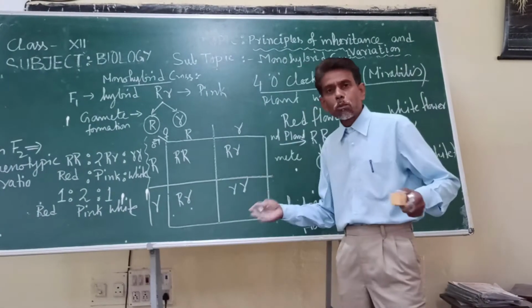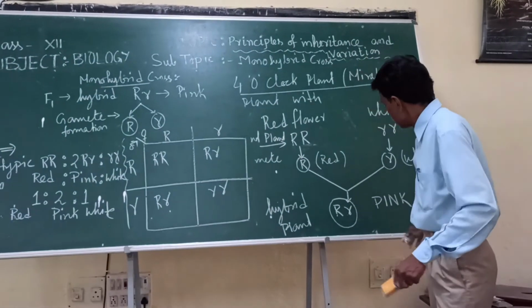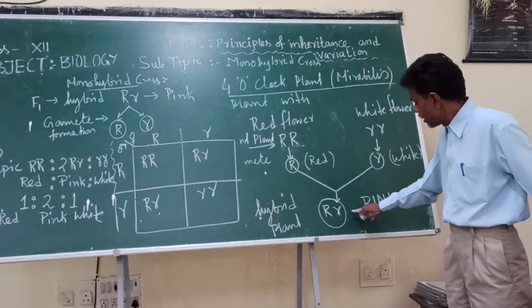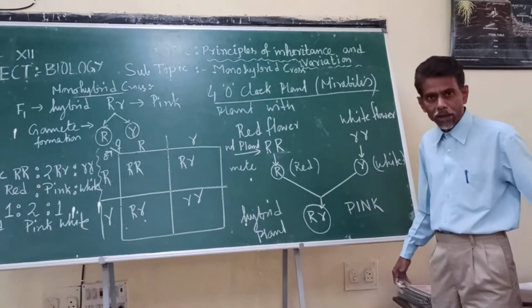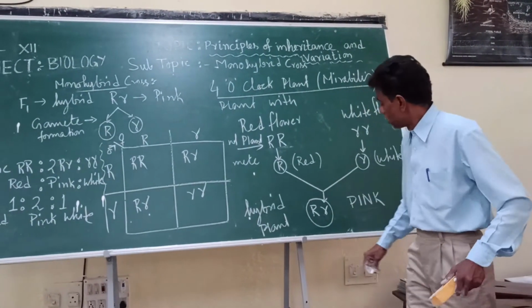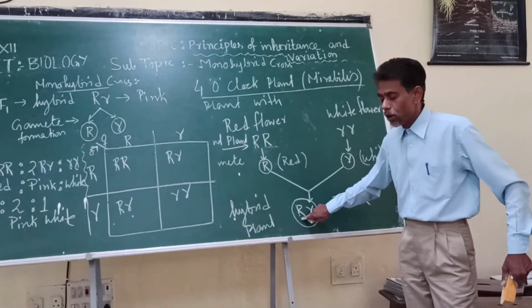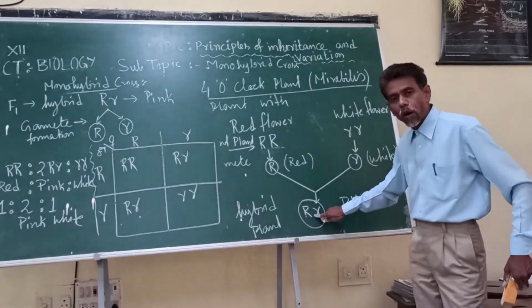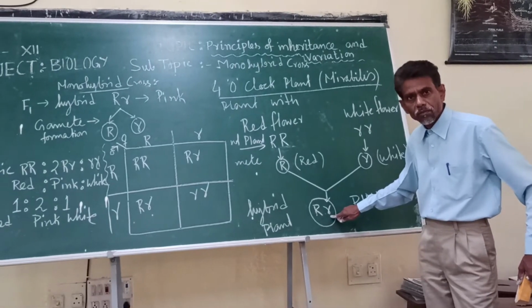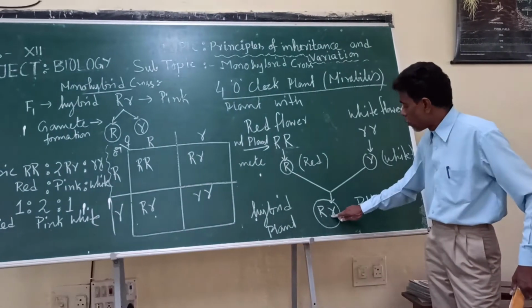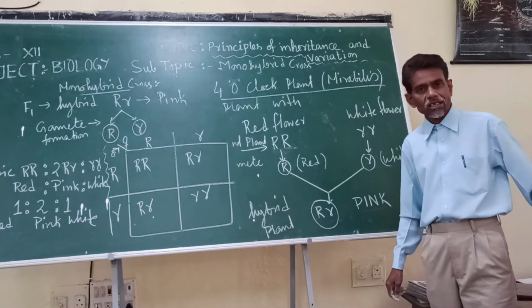That means where did this pink flower come from, or why are all the F1 hybrid plants pink? It is because here the red is not completely able to dominate the white allele, neither is the white allele totally recessive.